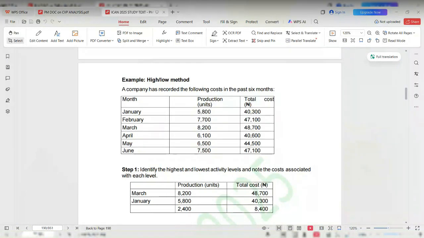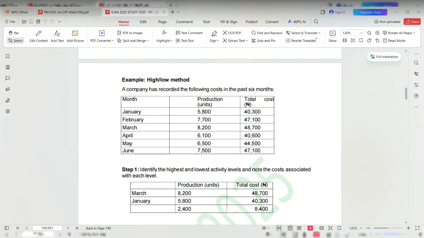So we have 48,700 equals A plus 3.5 times 8,200, which is 28,700. So we make A the subject of the formula. A equals 48,700 minus 28,700.